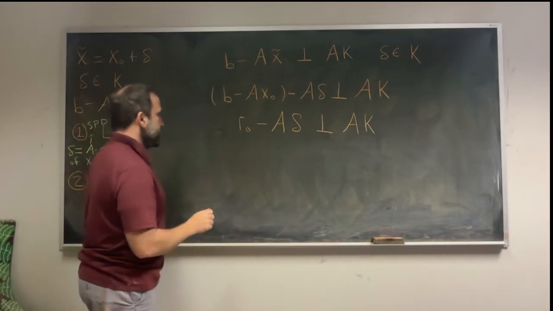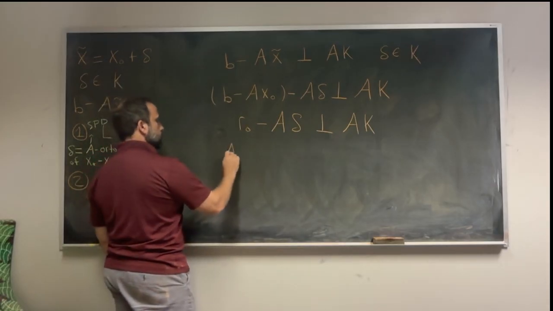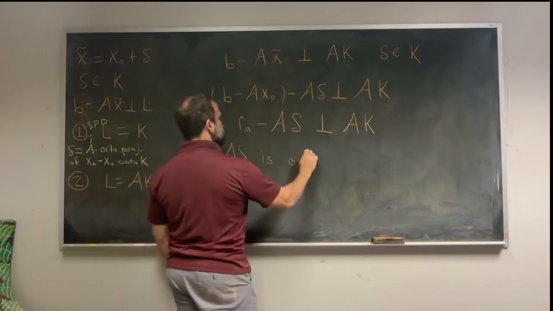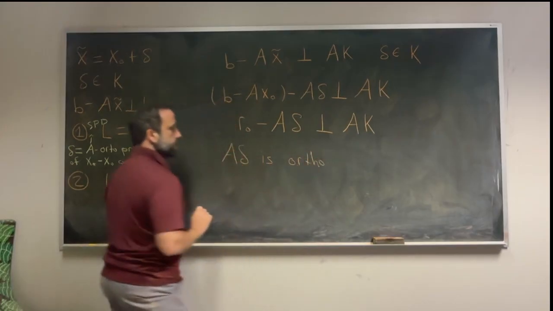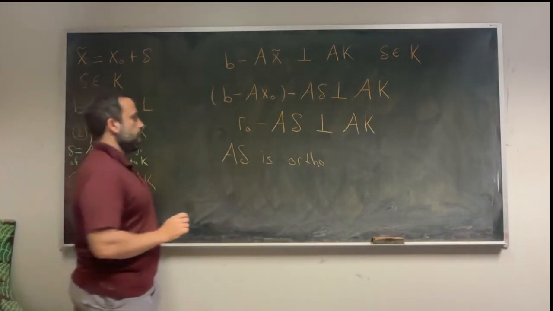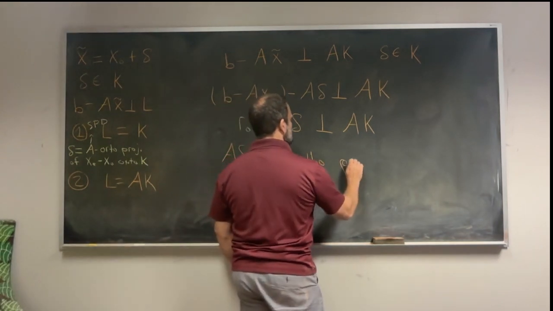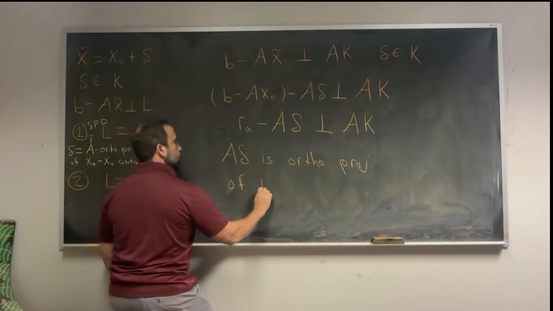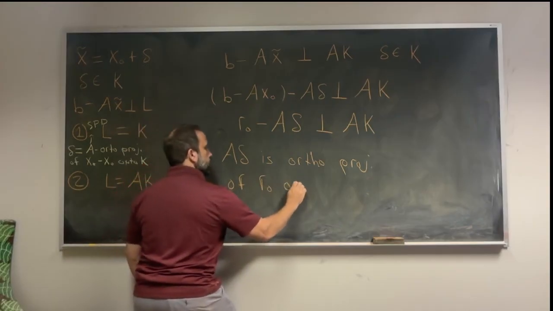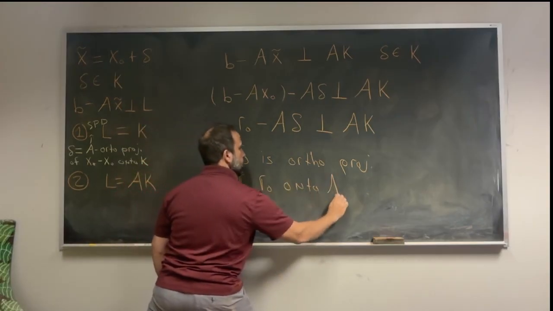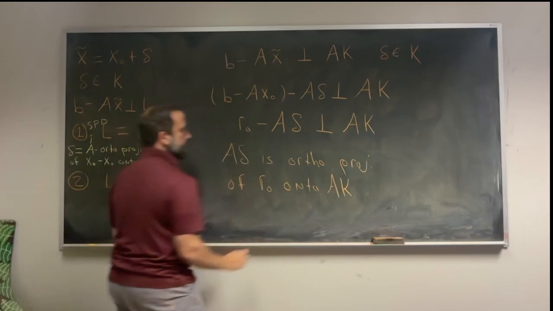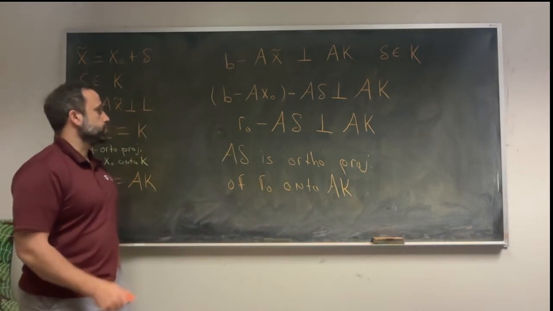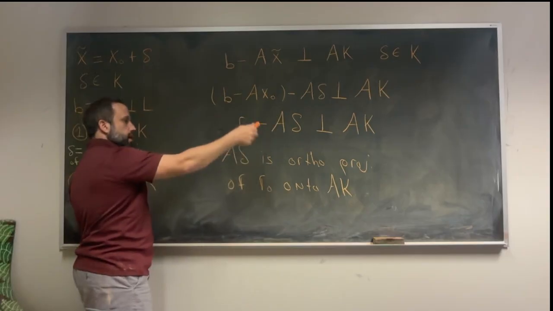Okay, so in this case, A delta is the standard Euclidean orthogonal projection of R naught onto the subspace AK. So A delta is the orthogonal projection of the residual onto AK.